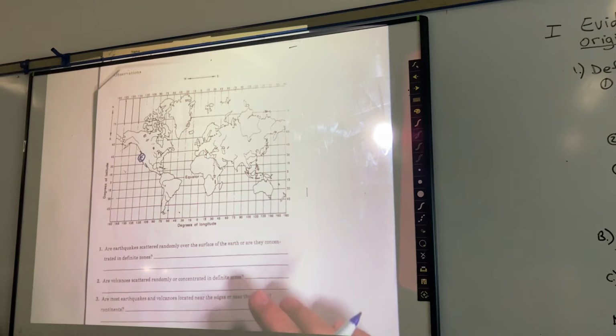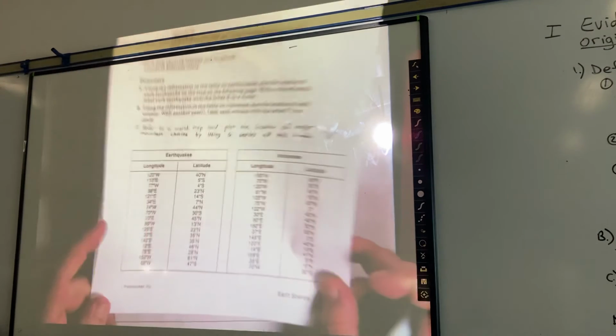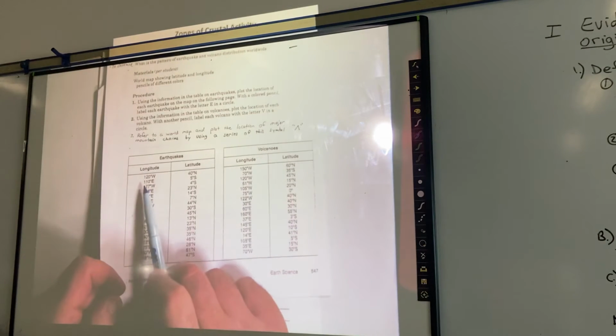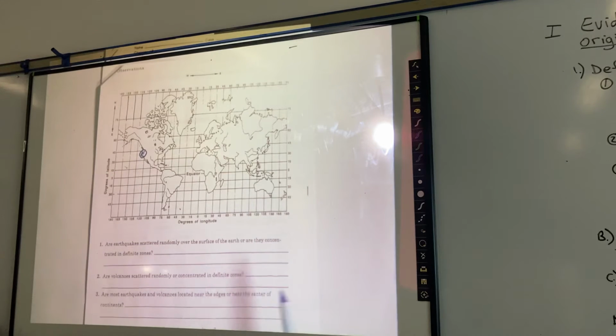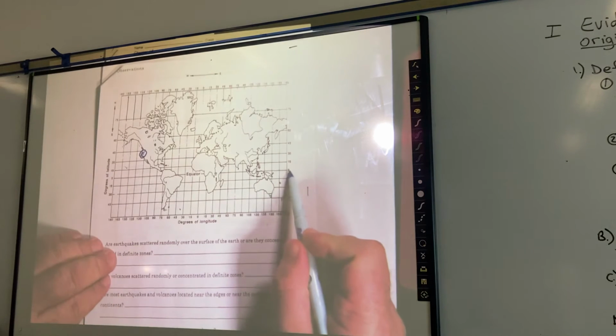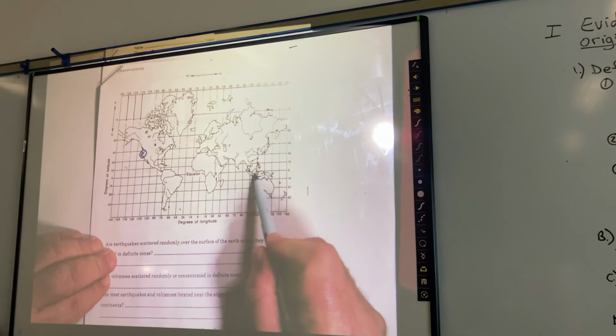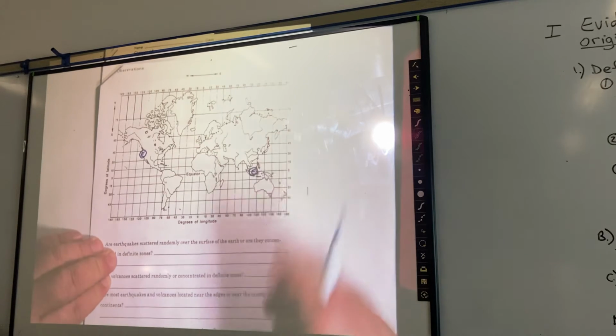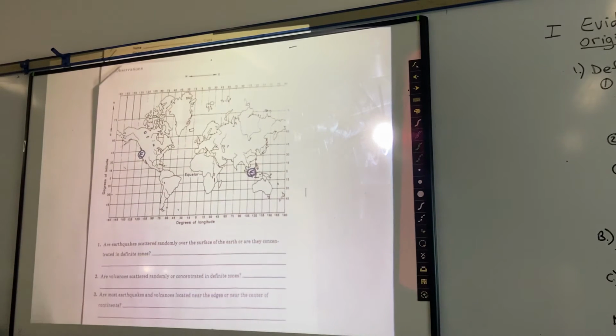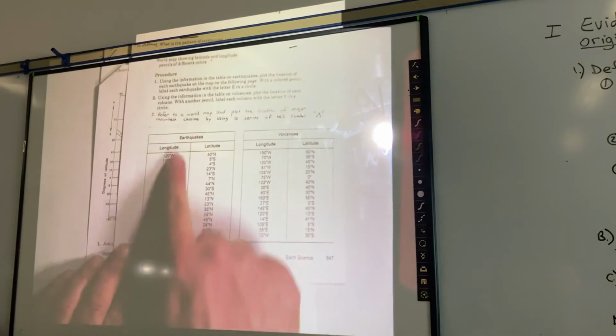The next one is 110 east and 5 south. 5 south would be right about there, 110 east would be right about in there. So I'm going to put a little E for earthquake and circle it like that. You're going to do the same thing for all that earthquake data.